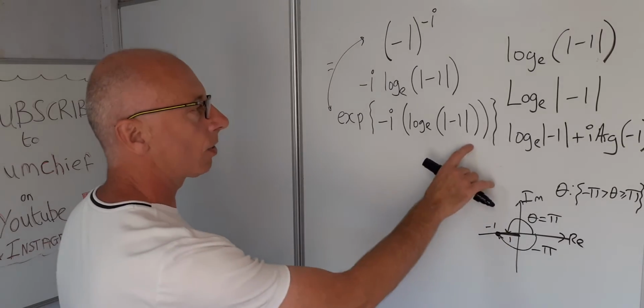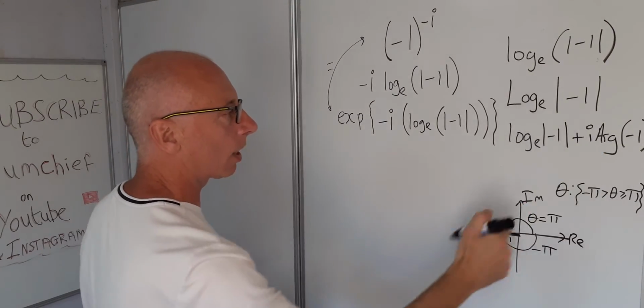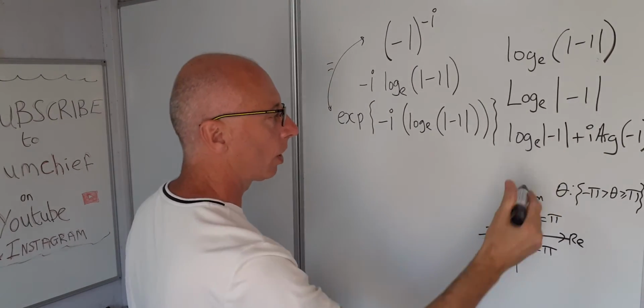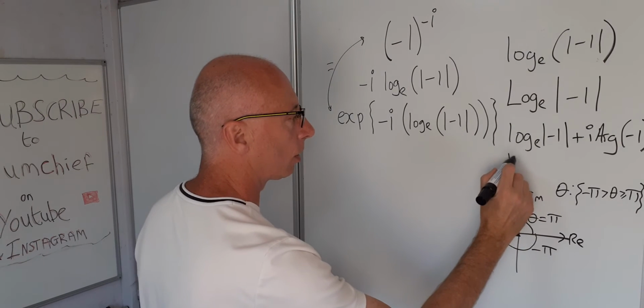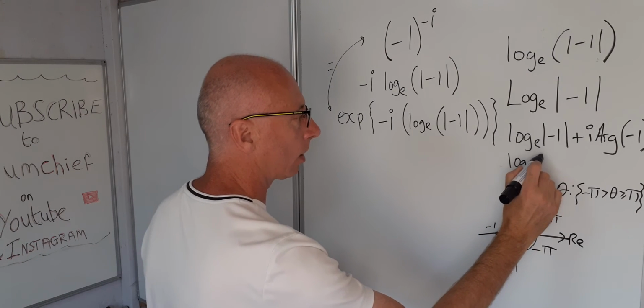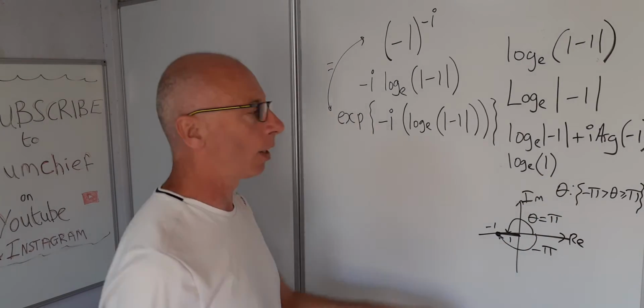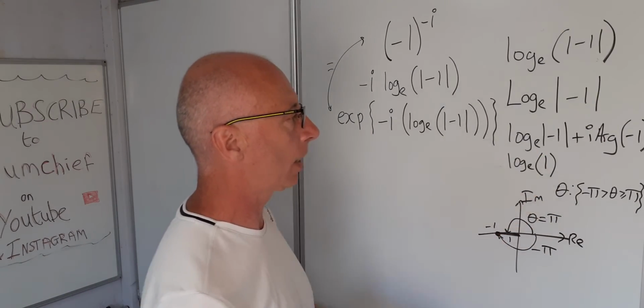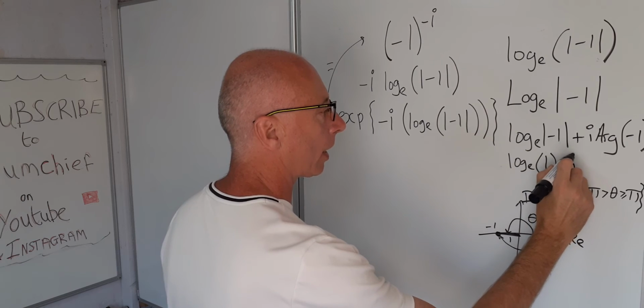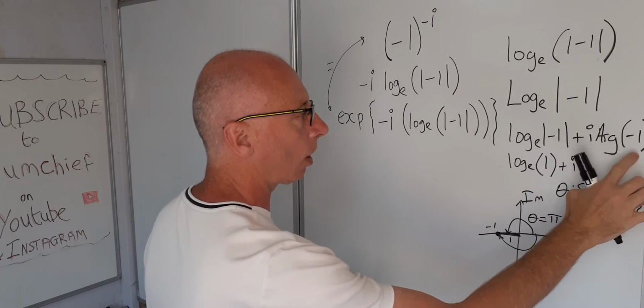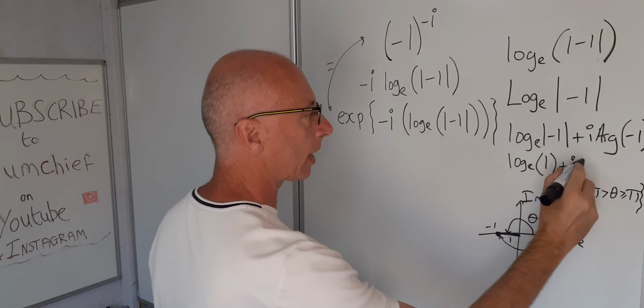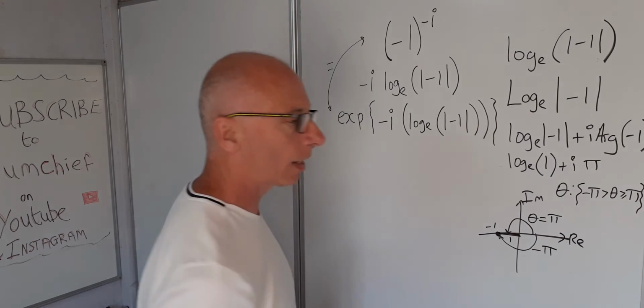Okay, so now we know these terms. Log base e of minus 1 is now log base e of 1. So now we've got a positive number, we don't need the absolute value, plus i times the argument of minus 1. Well, the argument of that is just pi. So that takes care of that.